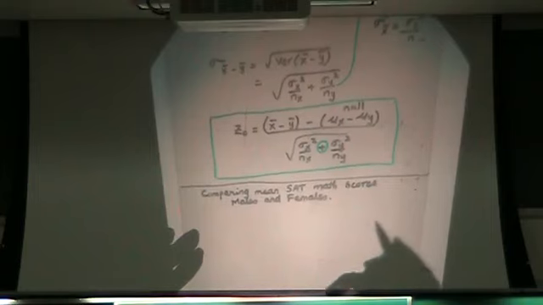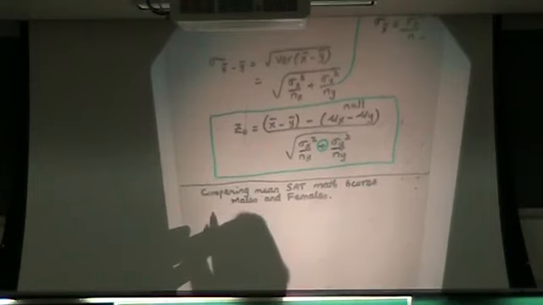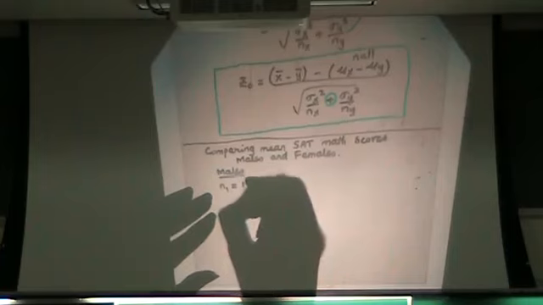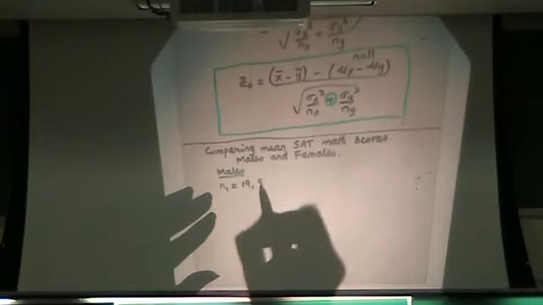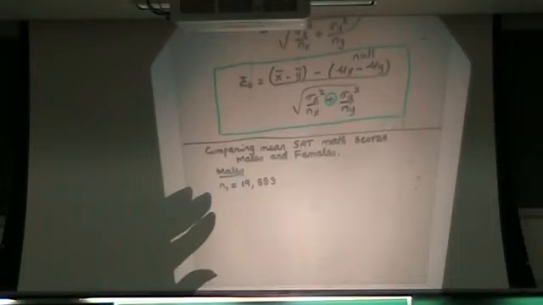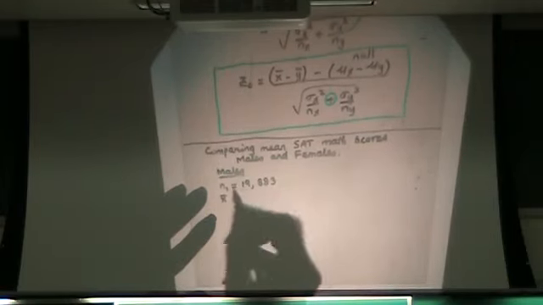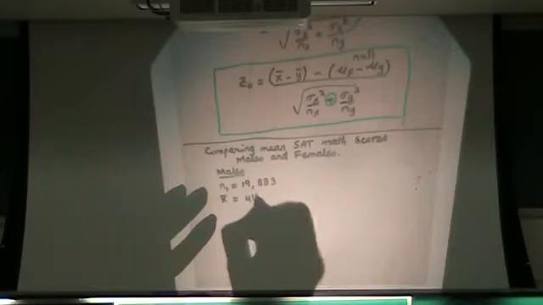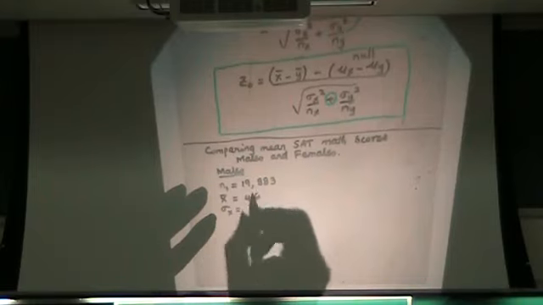And they give you all the information you need. You have males. So let's call that N1 or NX, however you want to call it. 19,883 is the number in your sample, with a sample average X bar equals 416 and sigma X is given as 87.